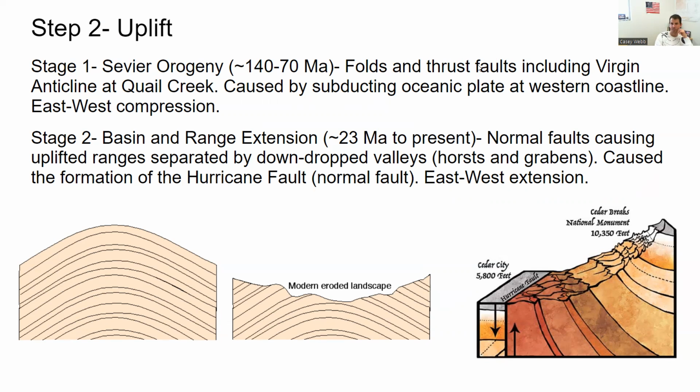And one of these folds, one of the many, probably thousands of folds that this event created, was that Virgin anticline, that rainbow in the rocks that we saw at Quail Creek. Okay. So east-west compression from converging plates caused the rocks to buckle and fold, giving us this anticline.